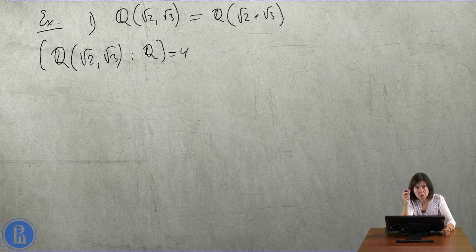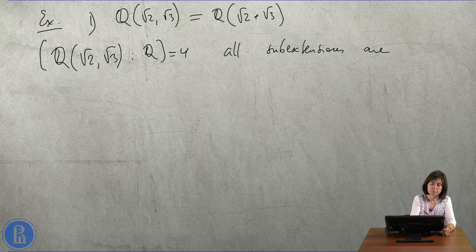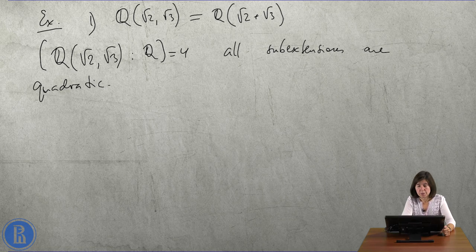So all sub-extensions are quadratic. And the element square root of 2 plus square root of 3 is not quadratic.